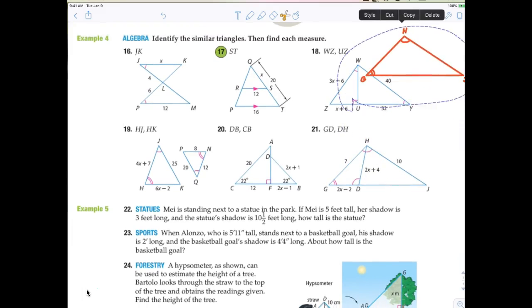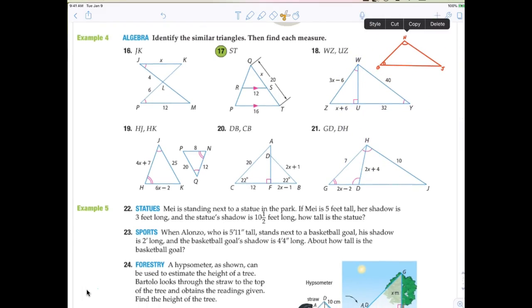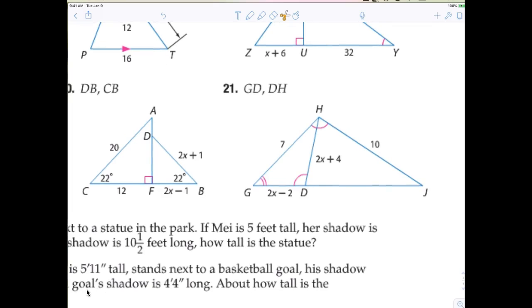Put it up here so I have room. And then the next one I'm looking at is this right here.